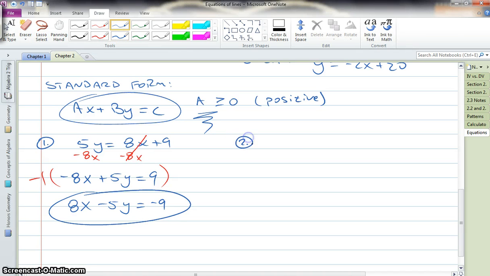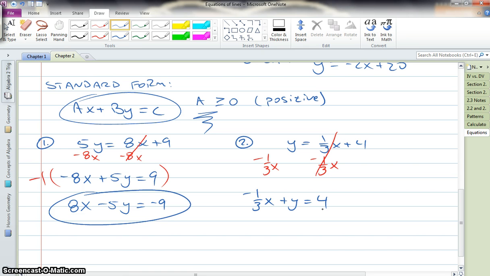All right, now let's see what we get if we have one with a fraction. Y equals 1/3 x plus 4. Now again, we've got to get the x term over to that side. Not everything, sorry, we're going to keep the 4. So I have -1/3 x plus y equals 4.